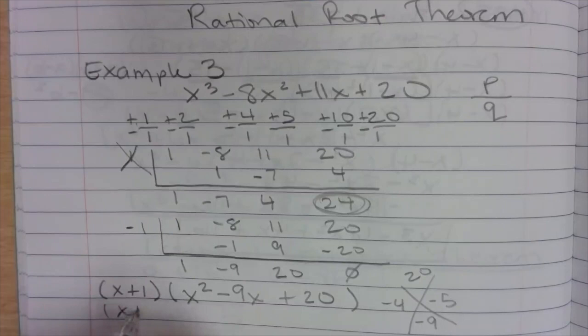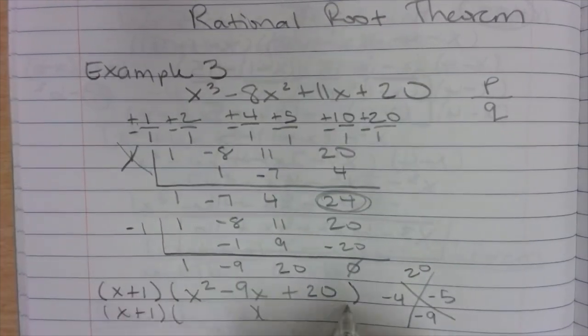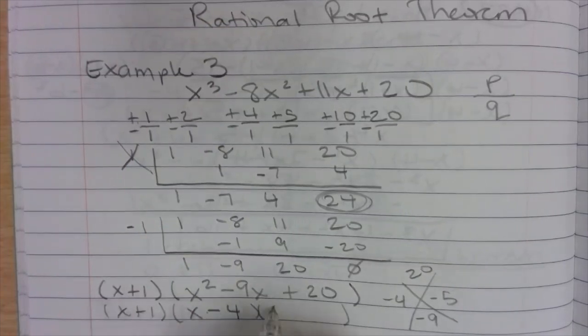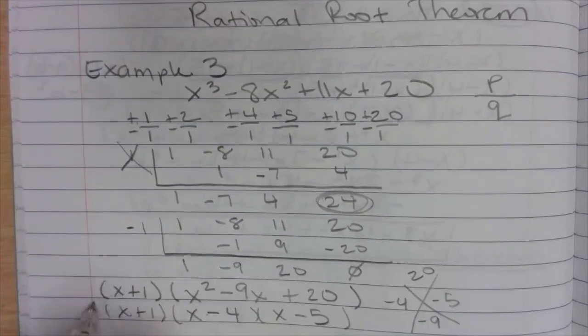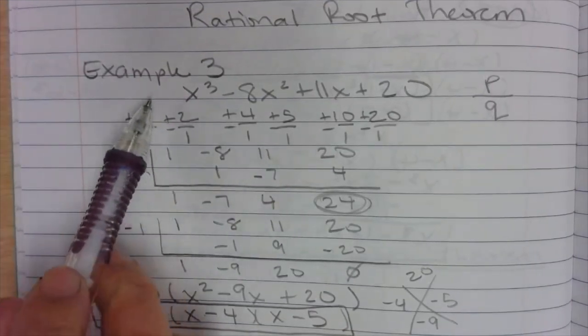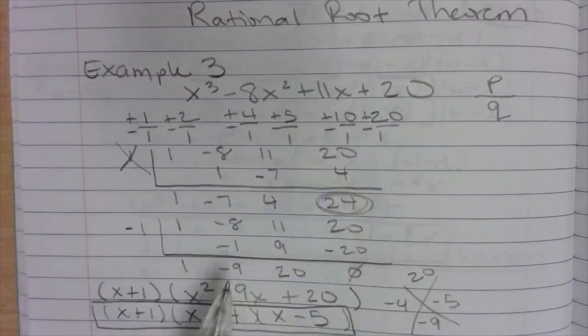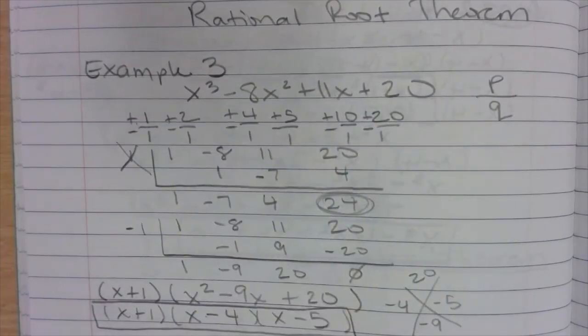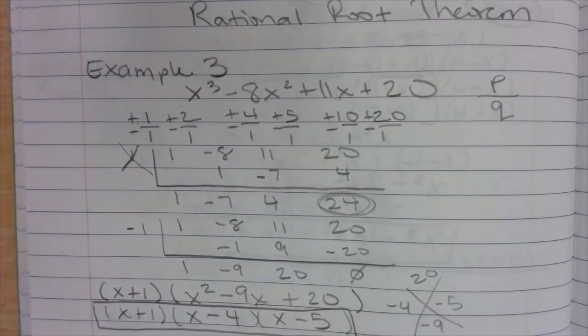Perfect. So it's x plus 1, x minus 4 and x minus 5. So now I was able to fully factor this complicated polynomial by using the rational root theorem and guessing what some of my possible roots are.